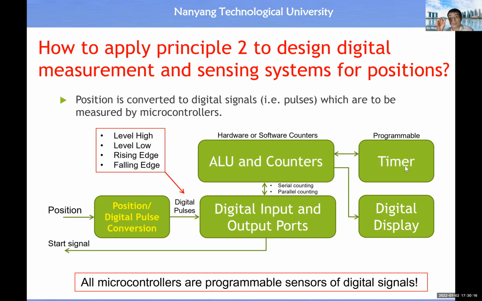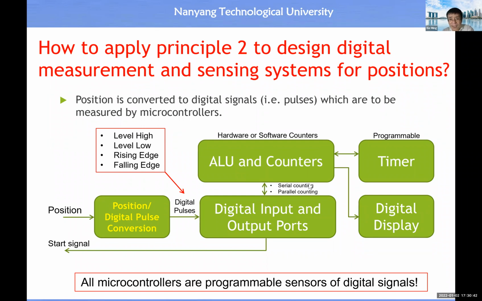That means the frequency could be changed, and the counting value, like count up, count down, and the maximum counting value, could be set by the programmer. So the timer is programmable. And of course, we have a digital display device which could be attached to the microcontroller.